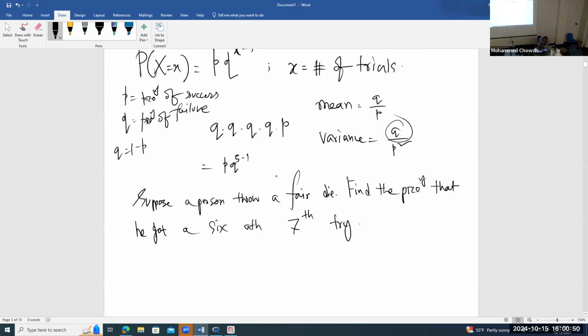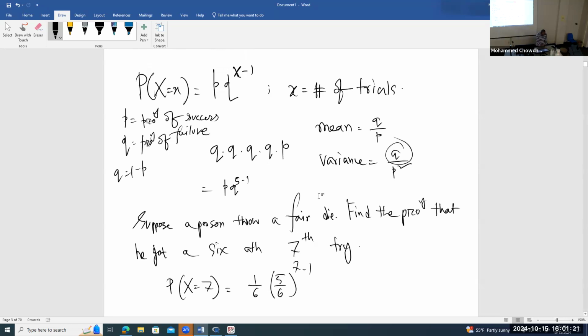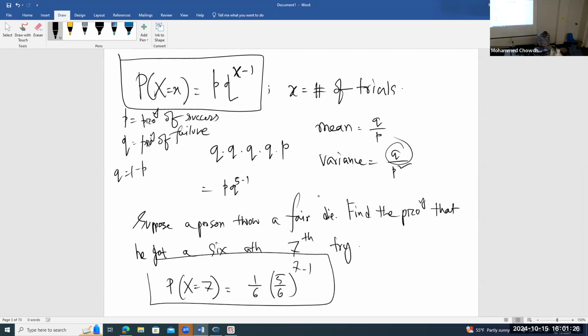How can I solve it? Probability of X equal to 7. Probability of getting a 6 is 1 over 6. Probability of getting a non-6 is 5 over 6, to the power 7 minus 1. Just copy and paste from there. That is the answer.